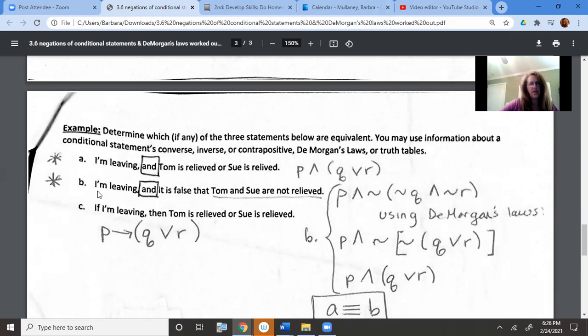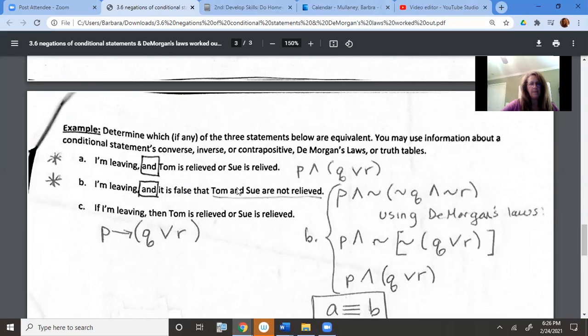In B, I'm leaving, comma, and it is false that Tom and Sue are not relieved. So I guess you can call that a double negative because we have the word false and we have the word not. So it's a rather complicated statement. So we're going to put this in symbols.